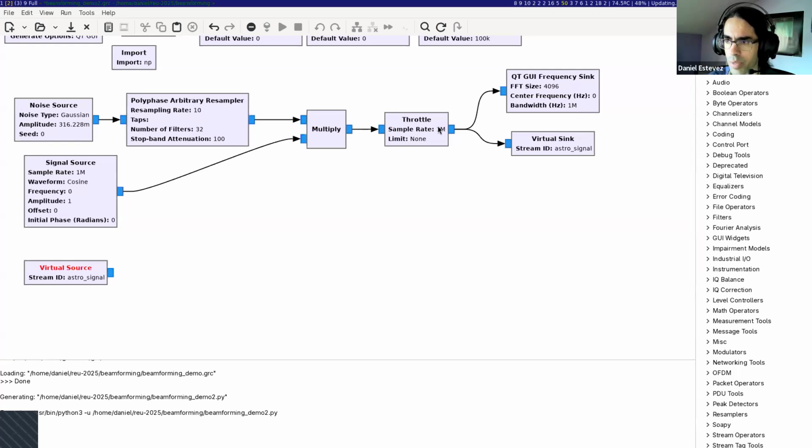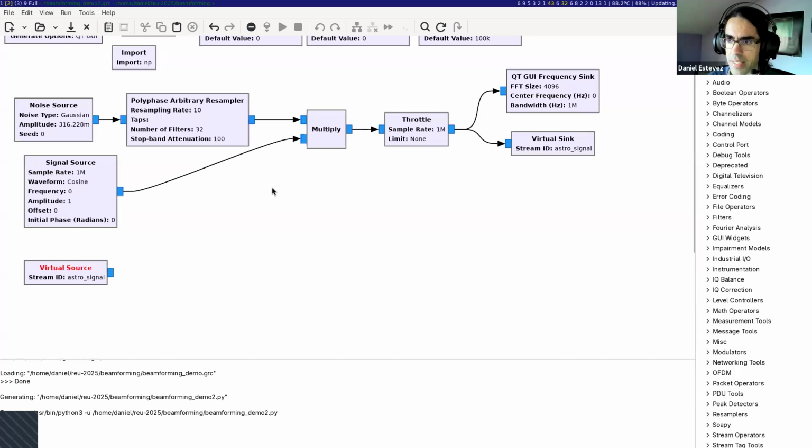Let's say it's coming directly from the south for simplicity. So if one of the two antennas is more towards the south than the other one, then the signal will reach the southern antenna first, and it will reach the northern antenna later.